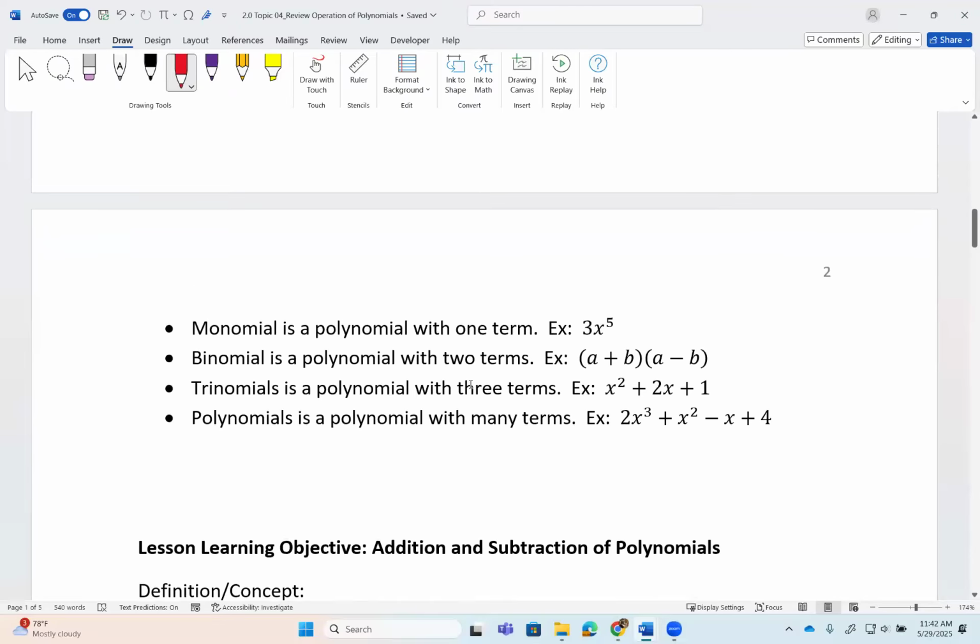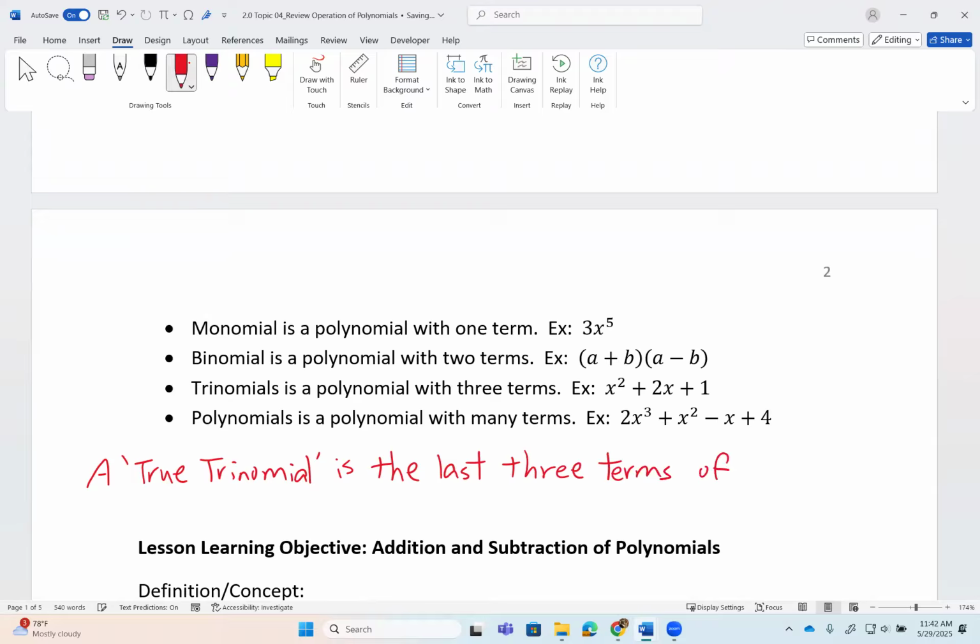To be specific, what is considered a true trinomial is actually the last three terms of a polynomial with exponents that are in the factors of 2 power, 1 power, and 0 power.